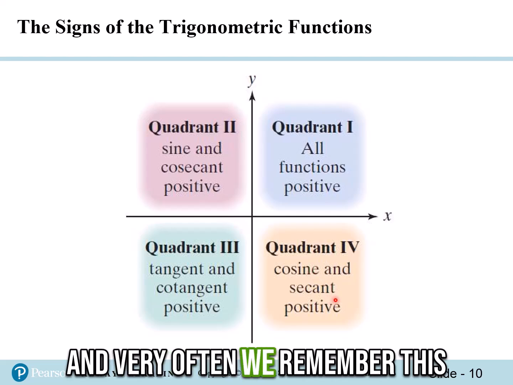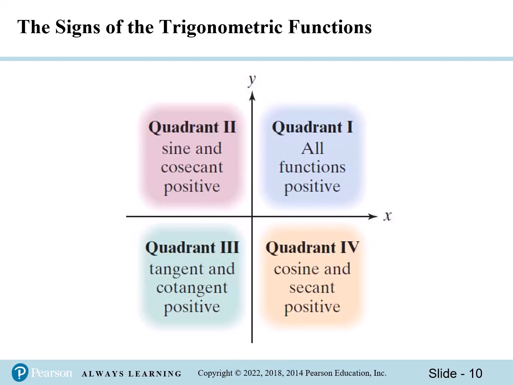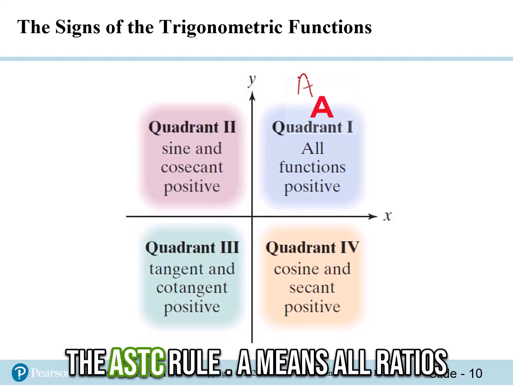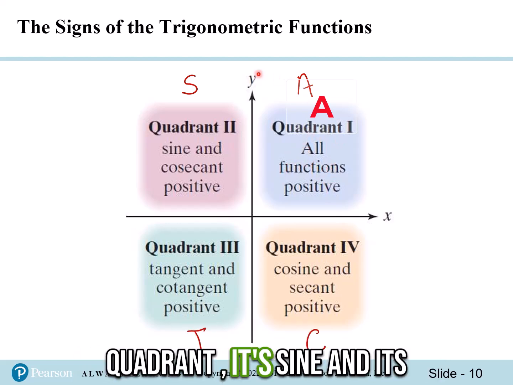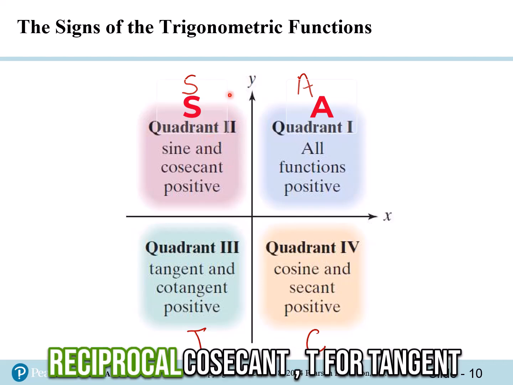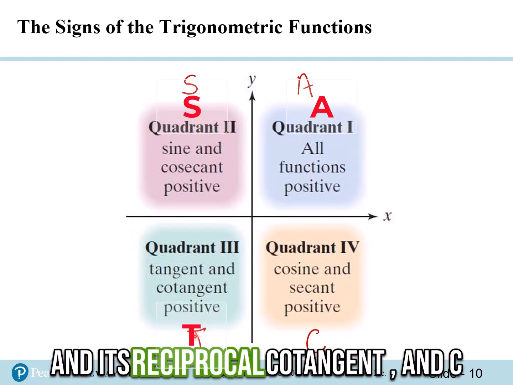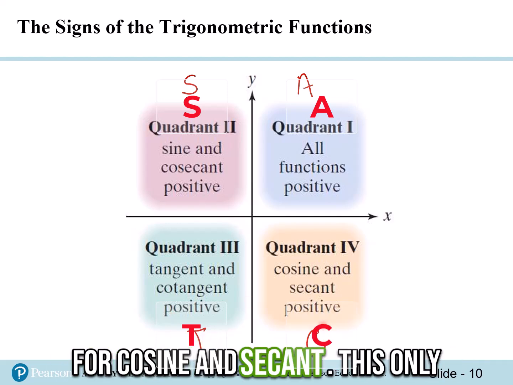And very often we remember this using the ASTC rule. A means all ratios are positive. Then in the 2nd quadrant, it's sine and its reciprocal, cosecant. T for tangent and its reciprocal, cotangent. And C for cosine and secant.